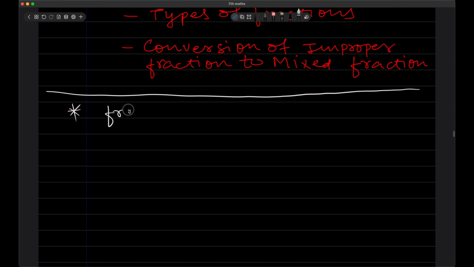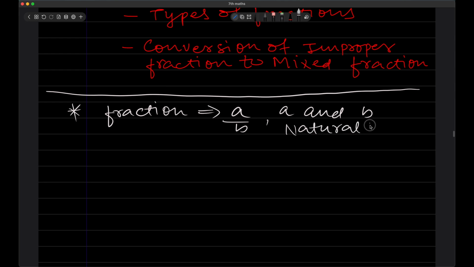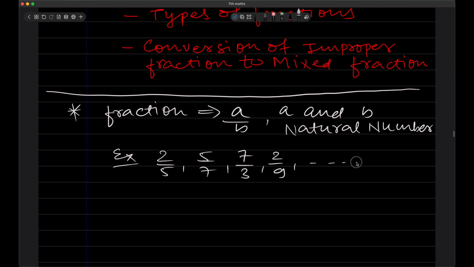Start with fraction. Fraction is of the form a divided by b, where a and b are natural numbers. If we take the example of fractions, that is 2 by 5, 5 by 7, 7 by 3, 2 by 9, and so on.